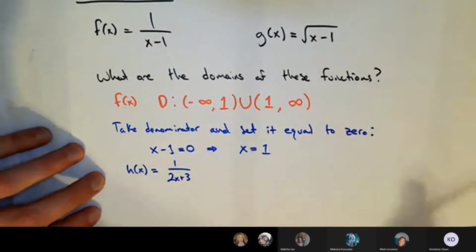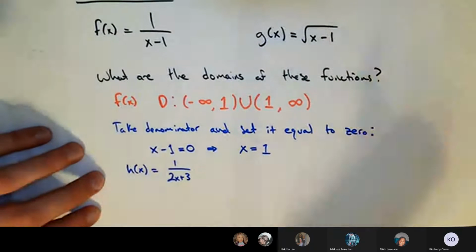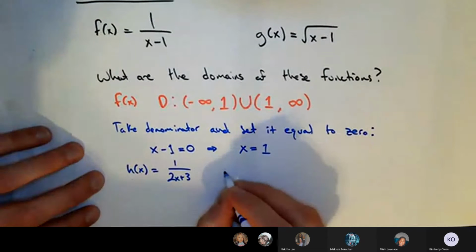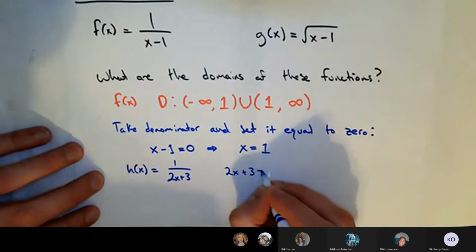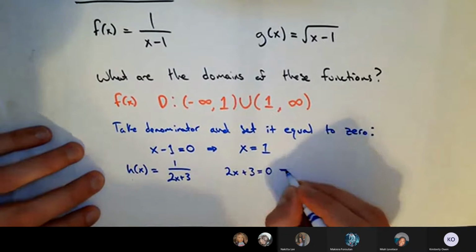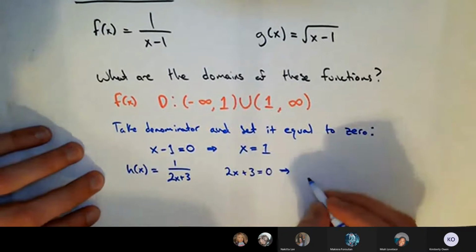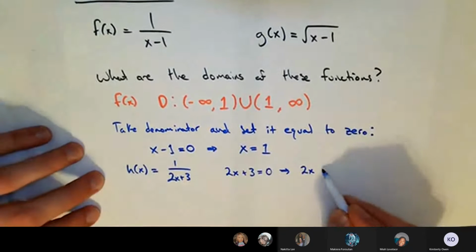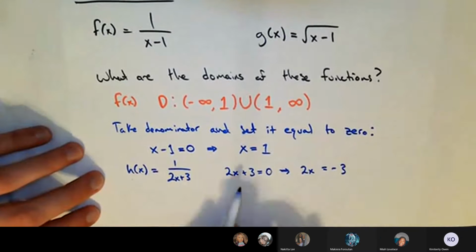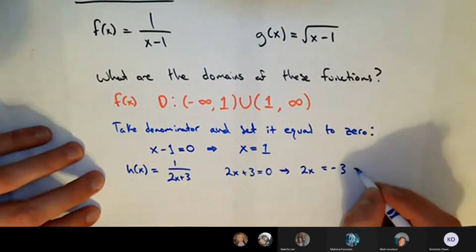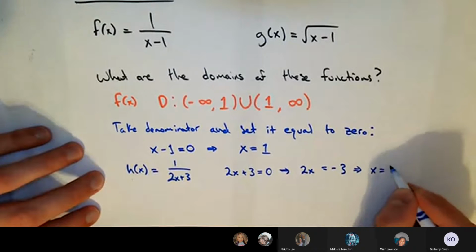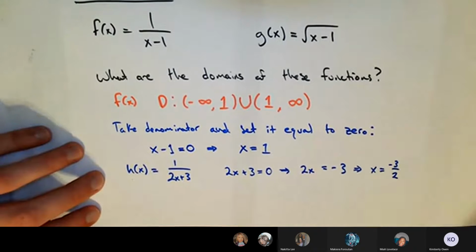But for this one, maybe it's not so easy to tell what the number is. So to find its domain, I'm going to set that denominator equal to 0 to discover what x cannot be. I'm going to have 2x is equal to negative 3, subtracting 3 from both sides. And then x is equal to negative 3 halves. That's the value that's not allowed for h of x.